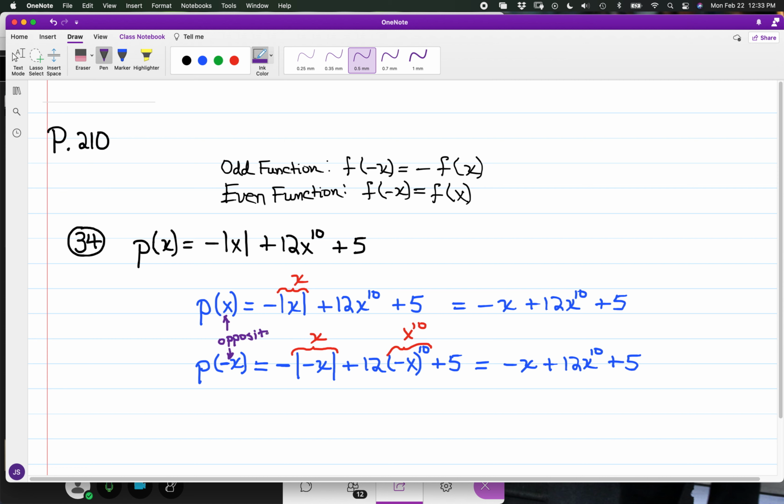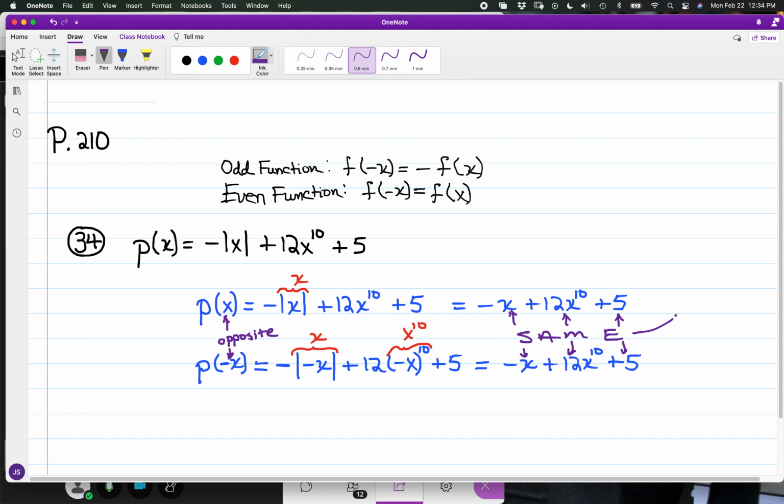So you have opposite sign inputs. Now if you notice between the output terms, we got negative x, 12x to the 10th, and 5 for p of x, and for p of negative x, guess what? We also have negative x and 12x to the 10th, and also 5. So it turns out that opposite sign inputs for the function lead to the exact same output.